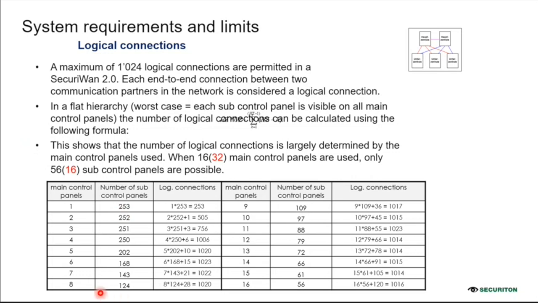If I have 8 main control panels, I can have up to 124 sub-control panels. And at the maximum, if I need 16 main control panels, I can connect up to 56 sub-control panels. So this is the system limits of the SecuriWan.